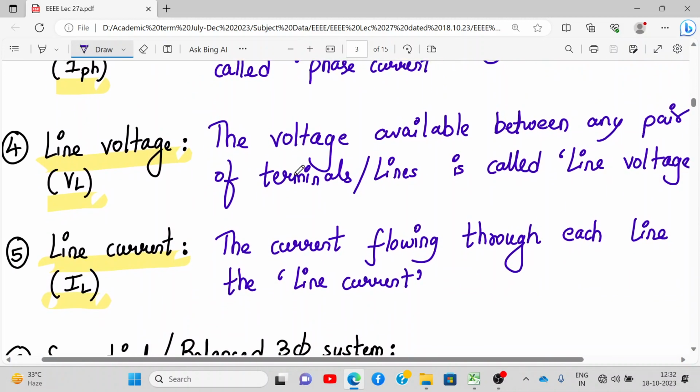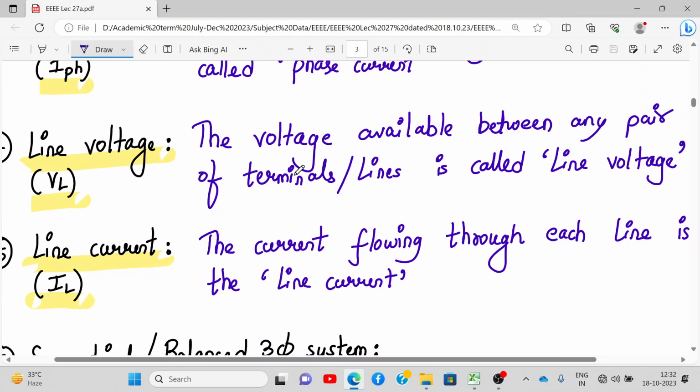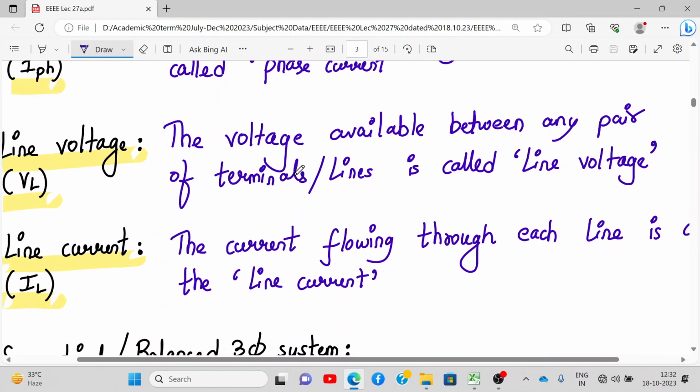Now write down a definition for line voltage, VL. The voltage available between any pair of terminals or lines is called line voltage.